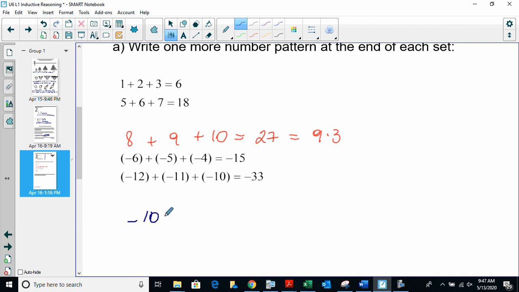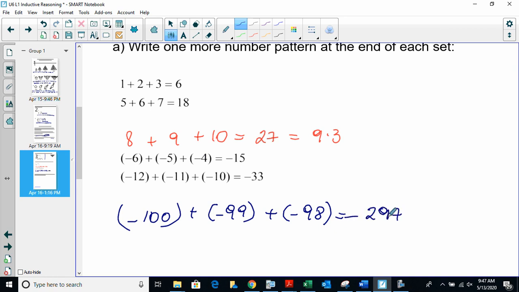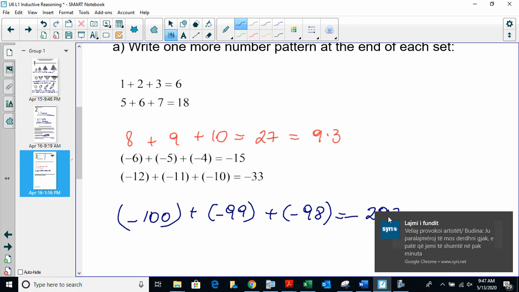And now if we take a look at the negative numbers, then we can say -100 plus -99 plus -98 should be equal to -99 times 3, which is -297, because the middle number is -99, and -99 times 3 is -297.